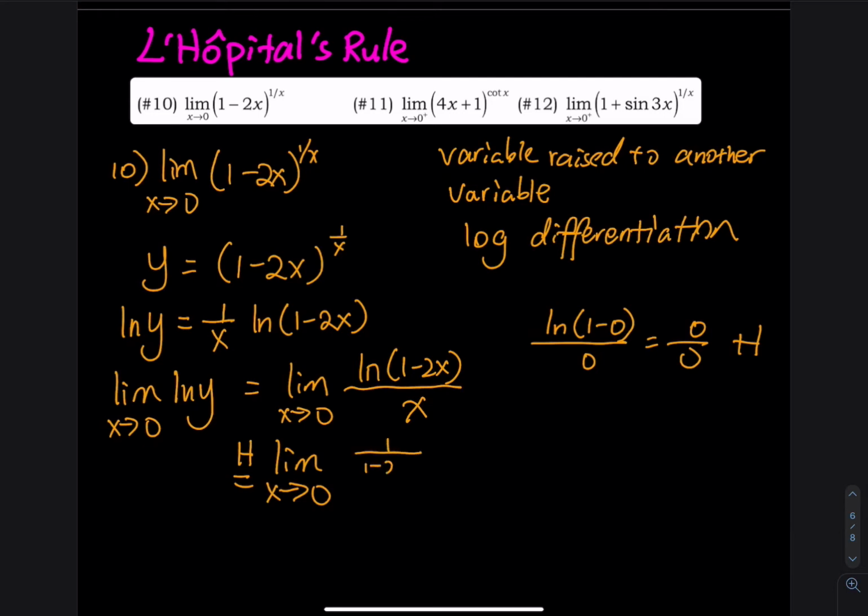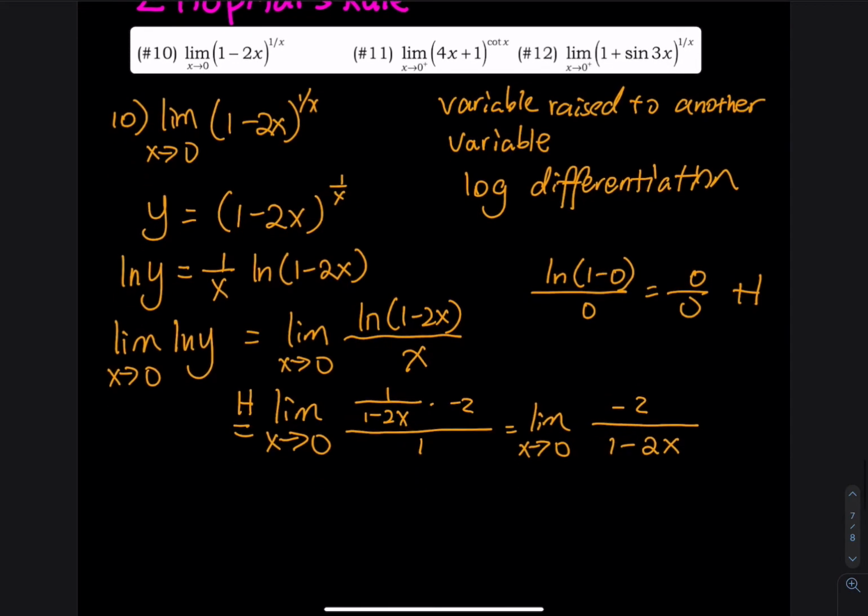And then using the chain rule, we take the derivative of the inside, we have a negative 2. The derivative of x is equal to 1. So overall, that is equal to the limit as x approaches 0 of negative 2 divided by 1 minus 2x. All right, so once you plug in 0, then you have negative 2 divided by 1, which is negative 2. So this is the answer, right?